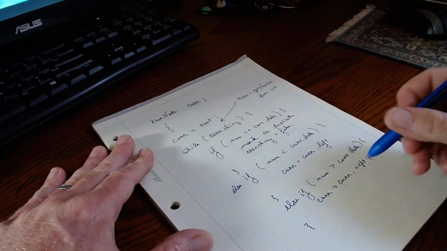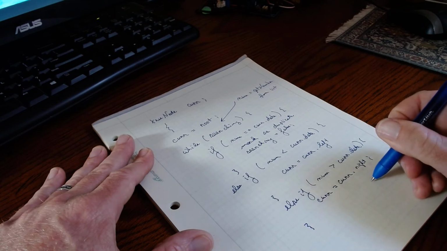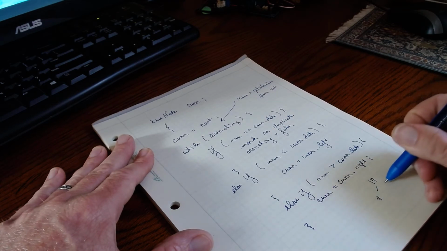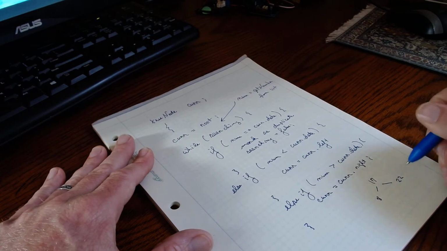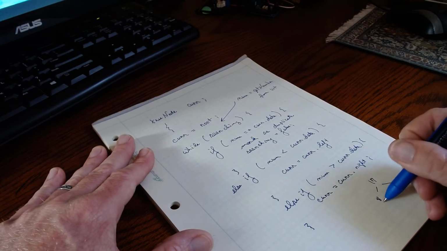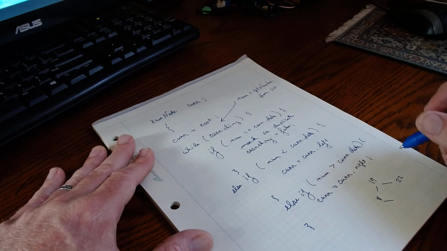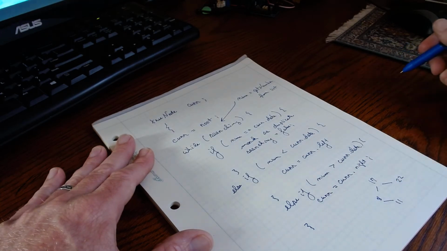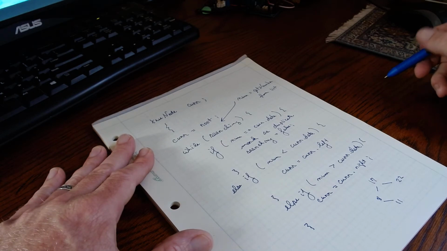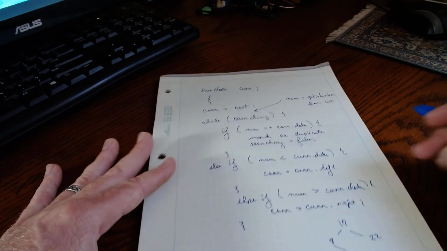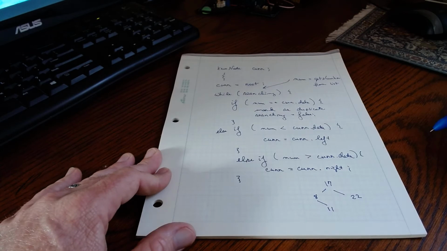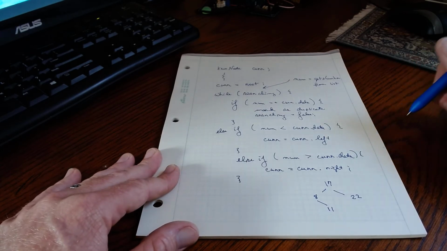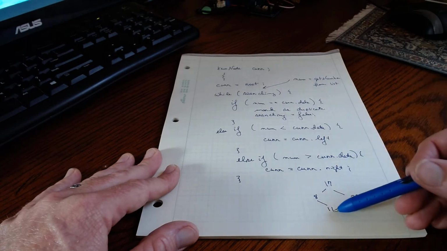For instance, let me draw a little baby tree here. 17, 8, 22, 11. Suppose I'm looking for a place to put a, this is hard.